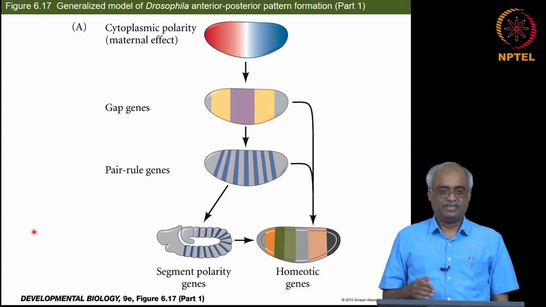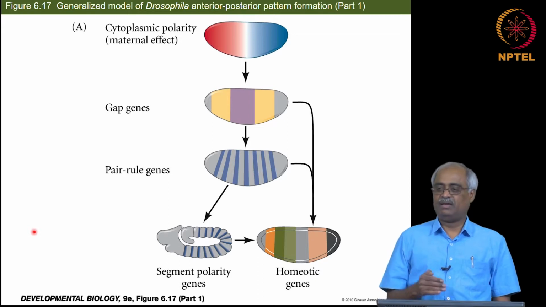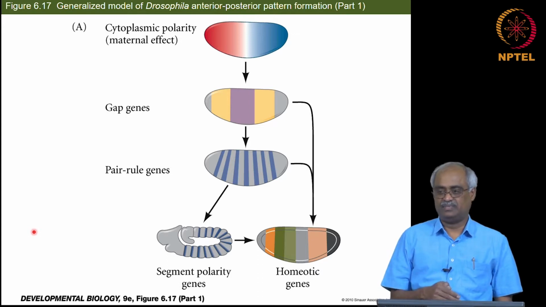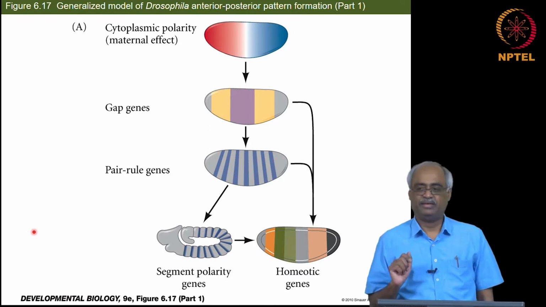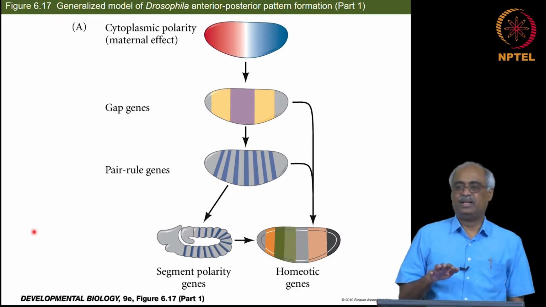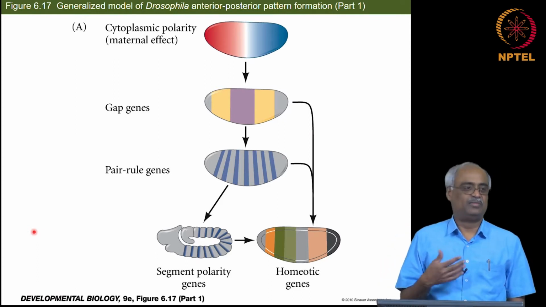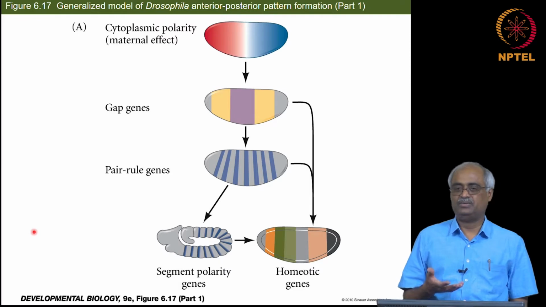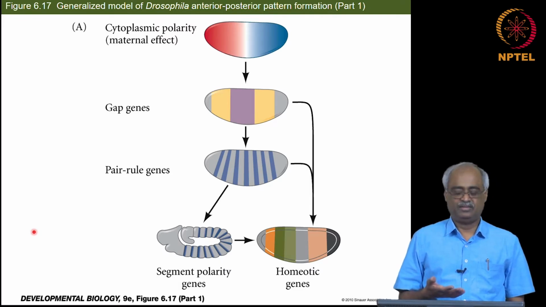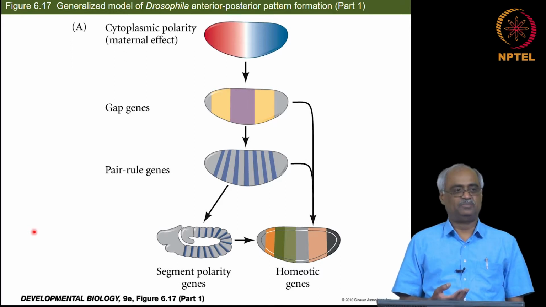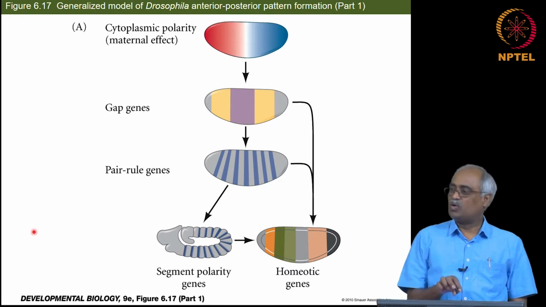See, initially you have a pattern established already, the asymmetric localization of bicoid and Oskar, right, in the oocyte. But that alone is not going to be enough to make a complex organism. So, you need to enlarge that asymmetry, and that asymmetry has to become very localized as well.